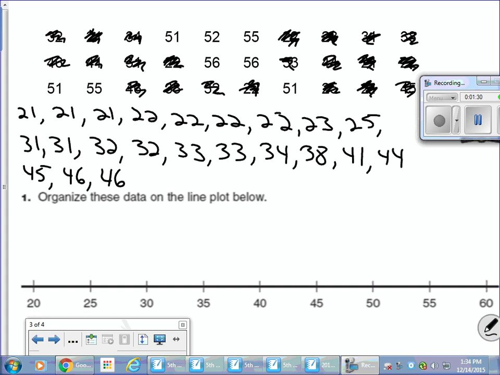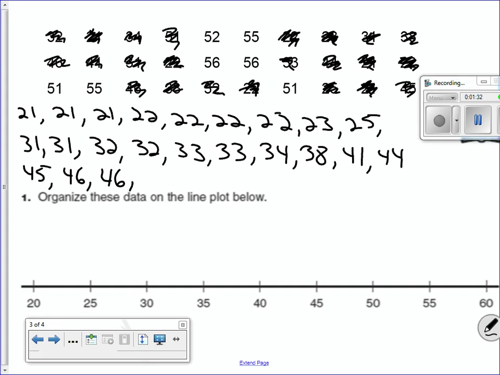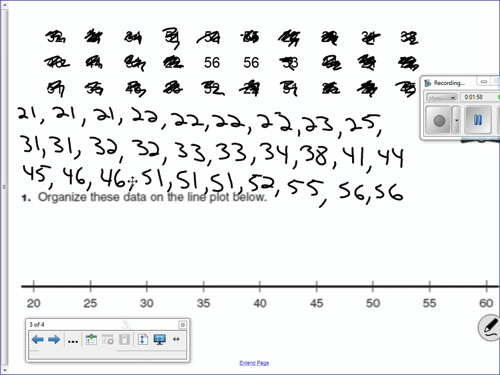I don't have any 50s, so I'm going to look at the 51s. I have 51, 51, 51. Got a 52 here. Got a 53, no, 54, no. I have two 55s. And then two 56s. Okay, once I have these numbers, I have to put them on the plot here.